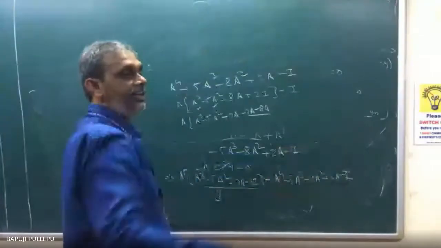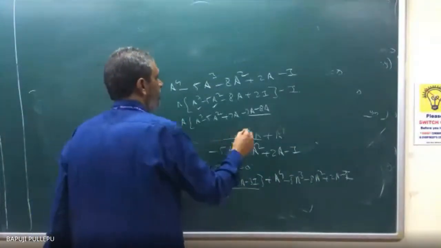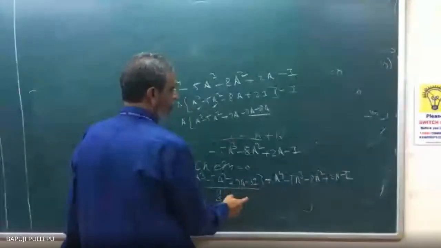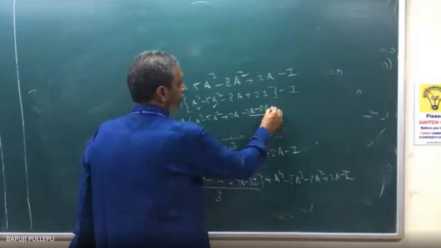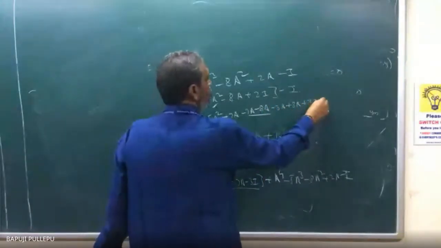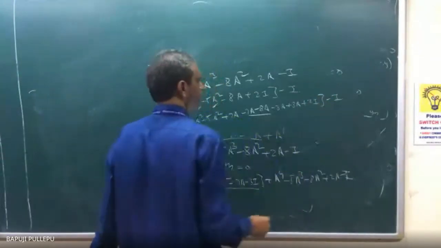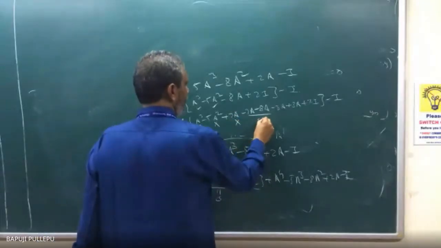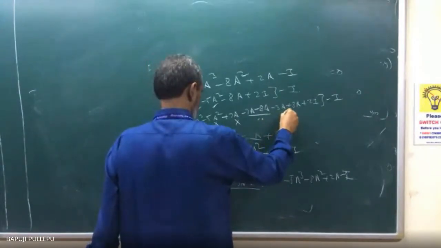Next, I want minus 3I, so minus 3I plus 3I plus 2I. Am I correct? Yes, sir. This is okay, this is not required. So minus 3I, 3I, sorry.